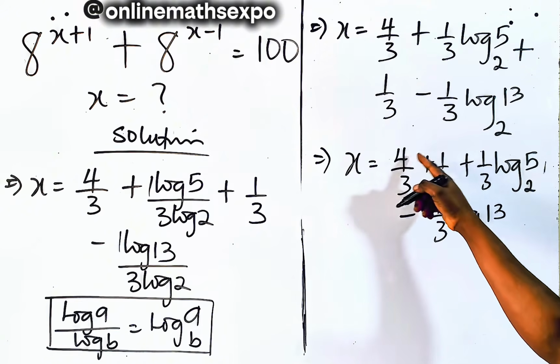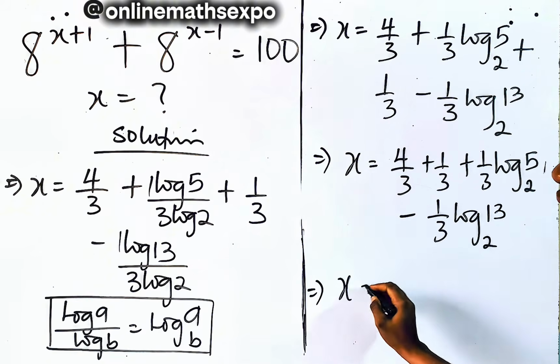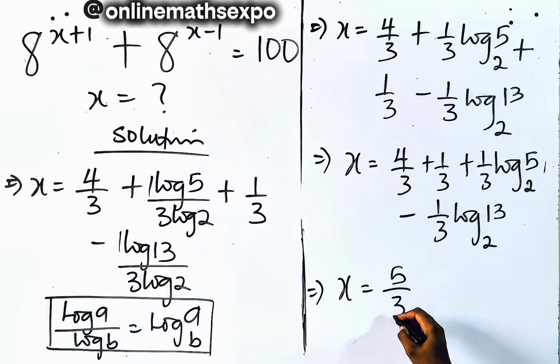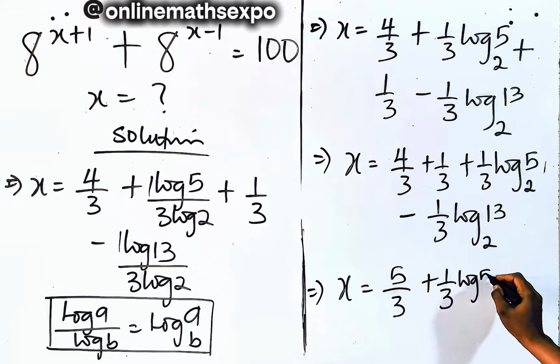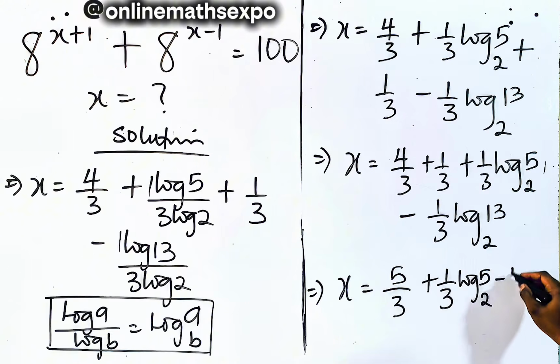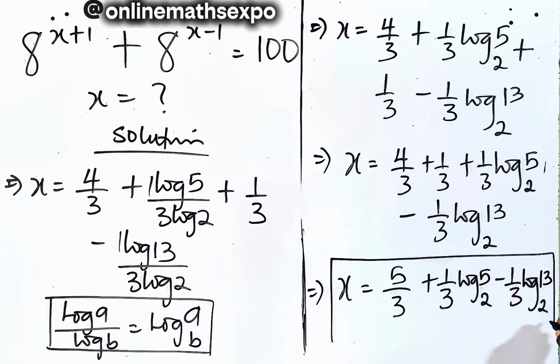So add the numerator. And 4 add 1 gives us 5. So it means that x will give us 5 on 3 plus 1/3 of log 5 base 2 minus 1/3 of log 13 base 2. So this gives us the simplified value of x.